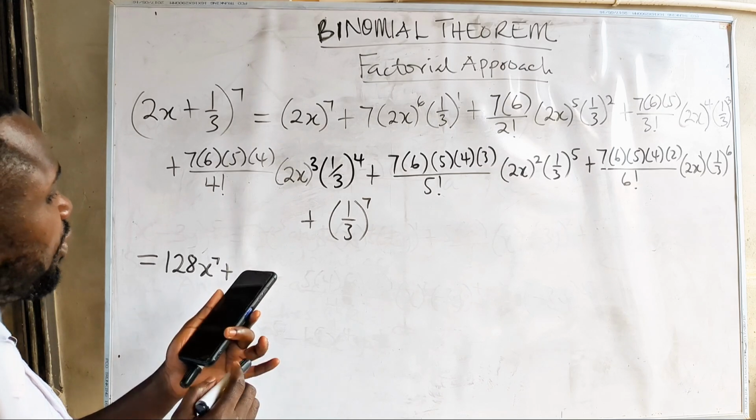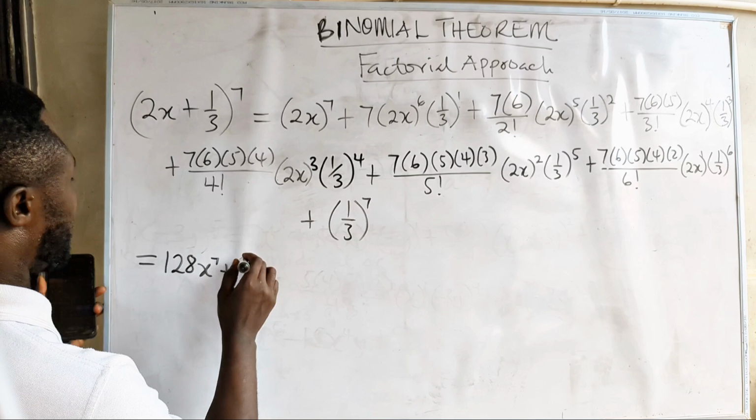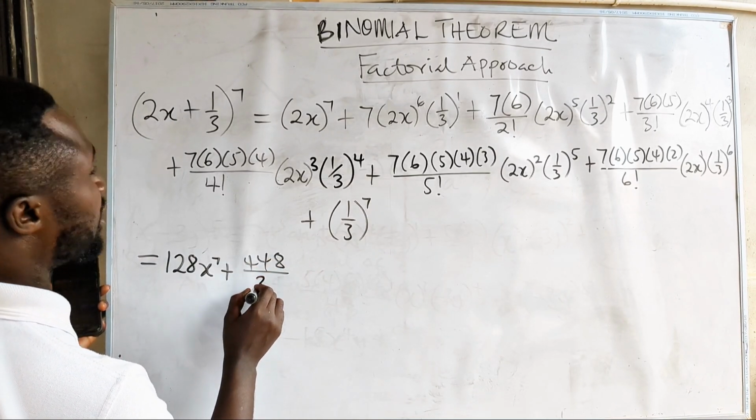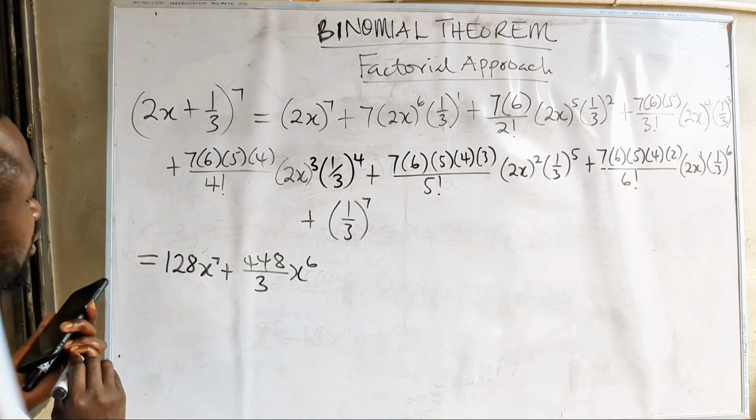That will give us 448 over 3 s exponent 6. This is what we are going to have.